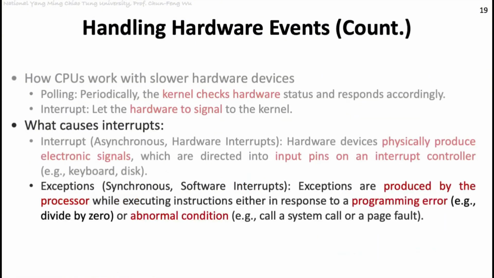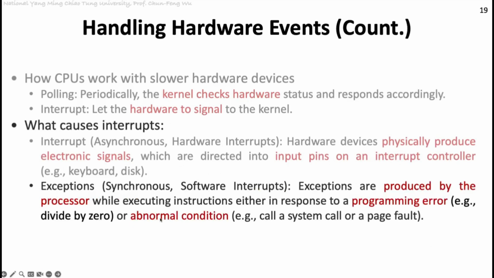So when we talk about interrupts, actually there is another thing called exceptions. Exceptions are produced by the processor while executing an instruction, either in response to a program error or an abnormal condition. You can see system call is in this category, abnormal condition.